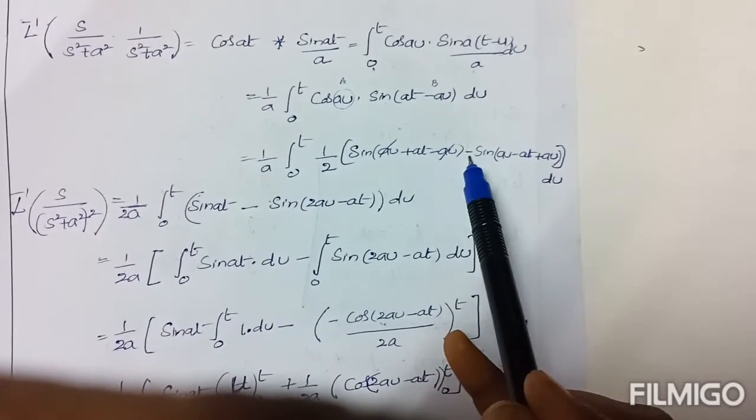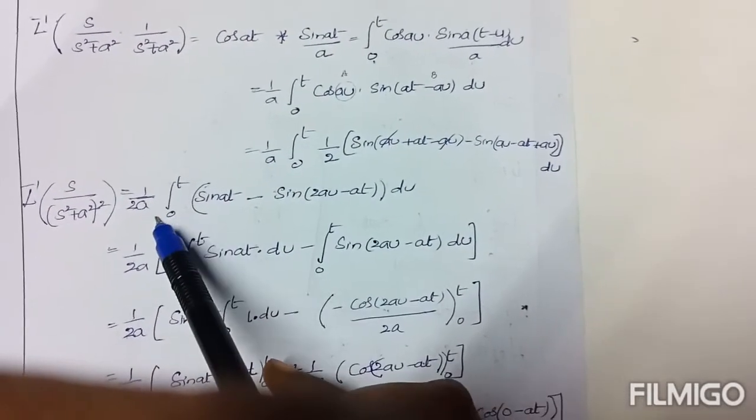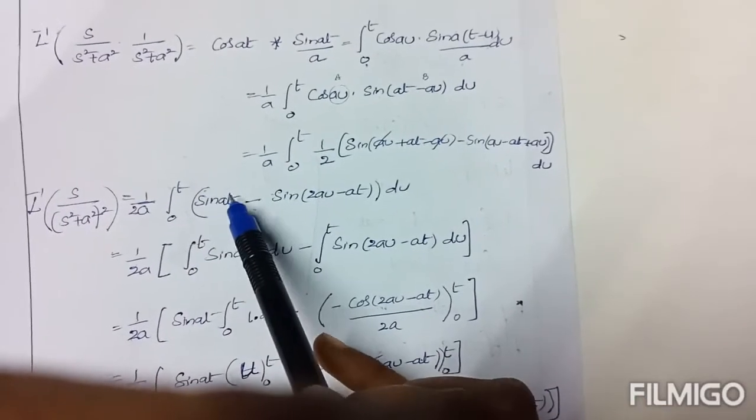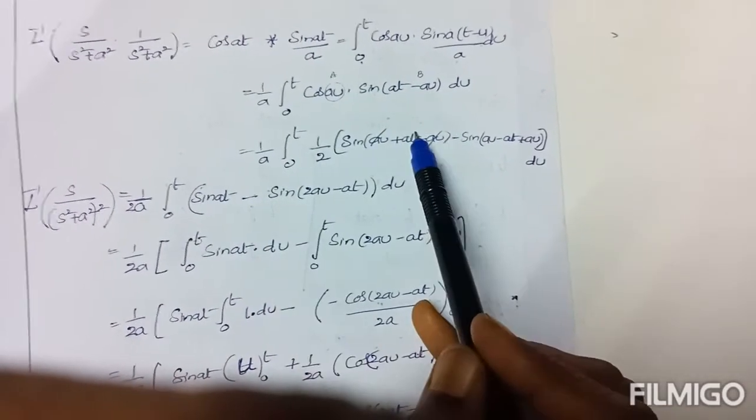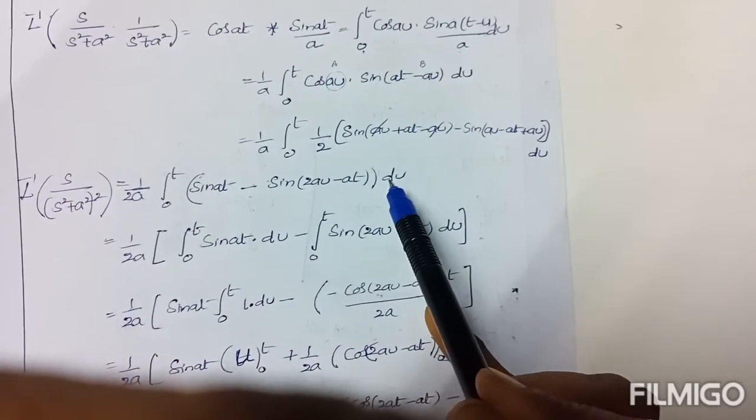Sin a plus b minus sin a minus b. Write the 1 by 2 also outside. Integral 0 to t of sin at minus sin of 2au minus at du.